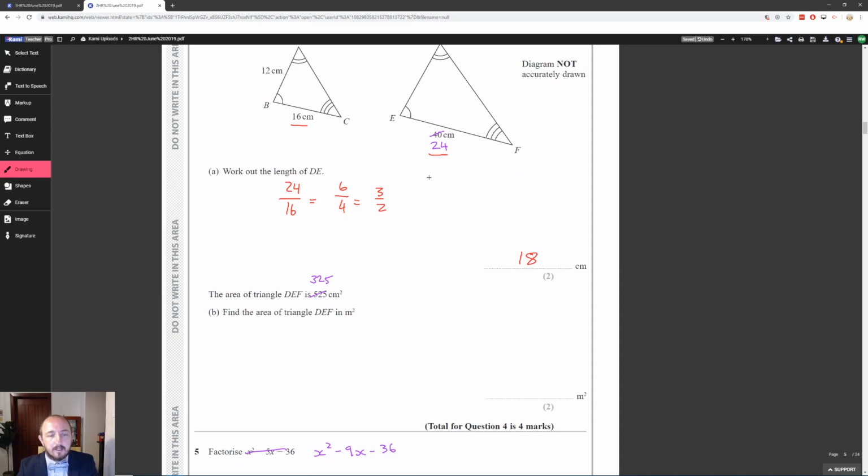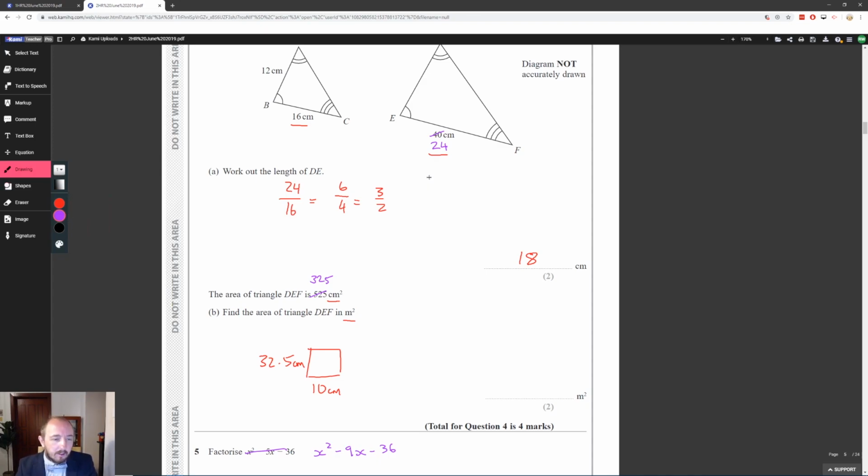The area of the triangle is 325 centimeters squared. Convert that area into meters squared. So we're not actually doing anything with the area scale factors here, we're just turning them into meters squared. So imagine I have an area of 32.5 and 10 centimeters. You can choose any numbers that will give you 325. And then what you can do is convert both of these into meters.